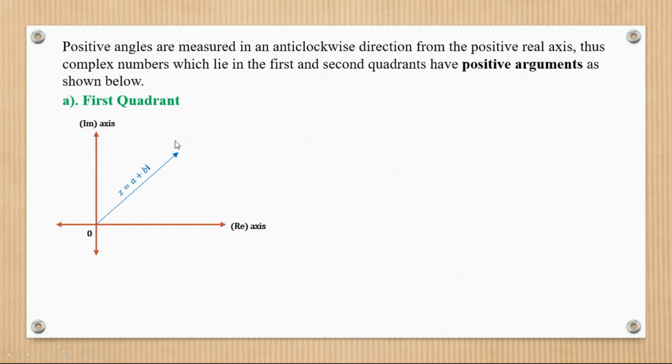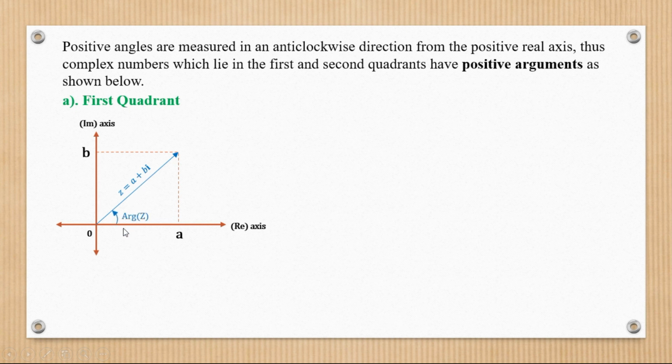So that means our complex number is going to be in this region. So that's why I'm saying z is equal to a plus bi is there. So now we have the coordinates. The real value is a and the imaginary value is b. So that's why we have b on the imaginary and a on the real axis, because you can see here that bi is the imaginary side and a is the real side.